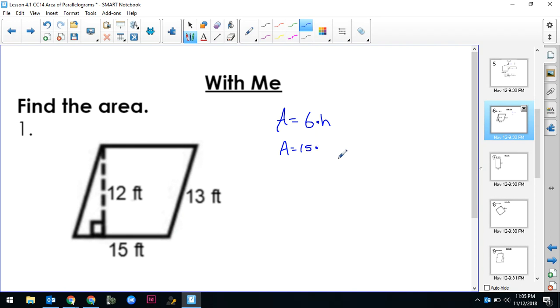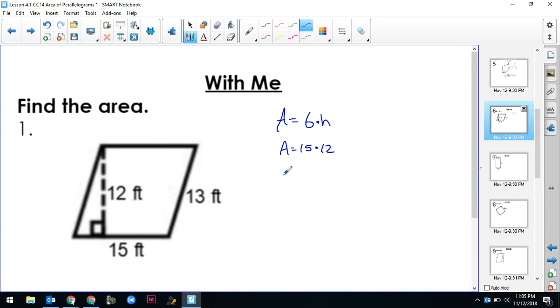times, and now we need to find the height. Again, keep in mind, we cannot have this slanted line for the height. No slouching on our height. We need that nice line that meets the base at a right angle. And so this is where that dotted line got added in. We're going to use the 12 for our height.